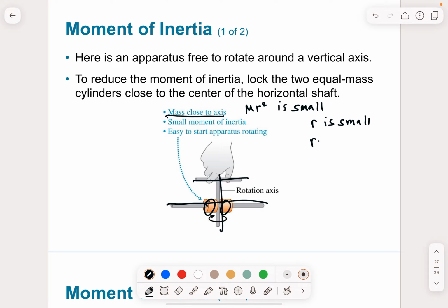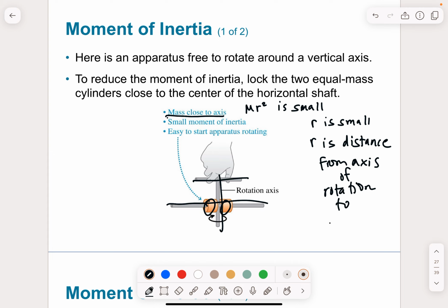R is the distance from the axis of rotation to the mass, right? So if the masses are real close to the axis of rotation, then your mr squared, or your I term, is going to be small.